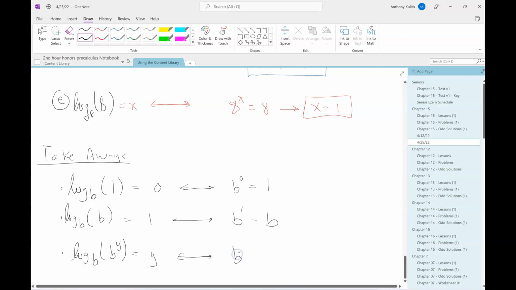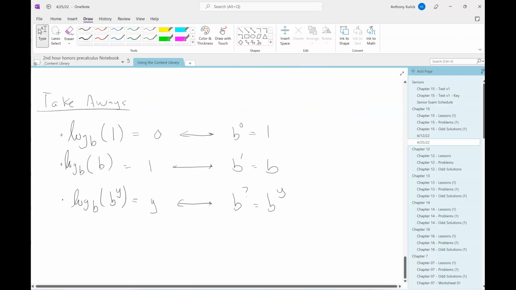So this is basically just saying b to the question mark equals b to the y. And the last one, how about b to the log base b of x? What's that have to equal?